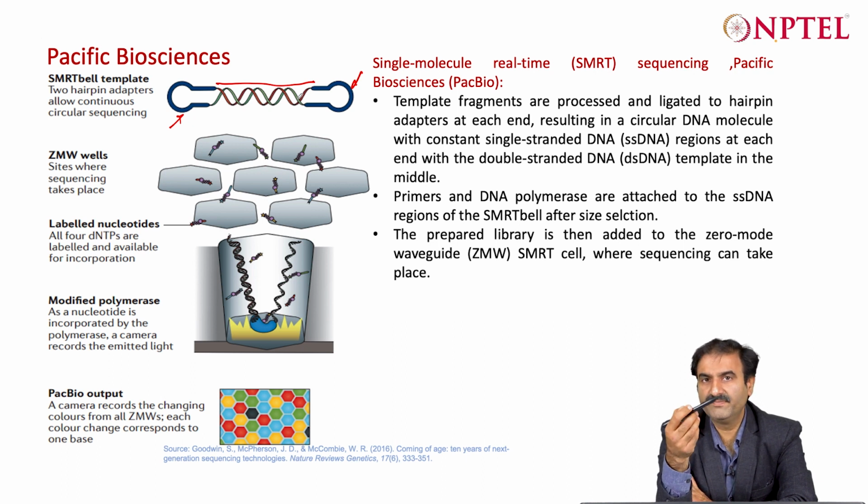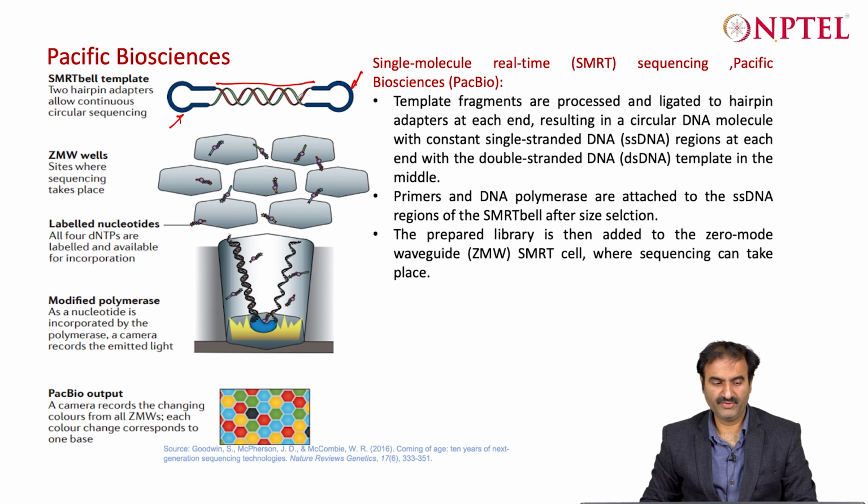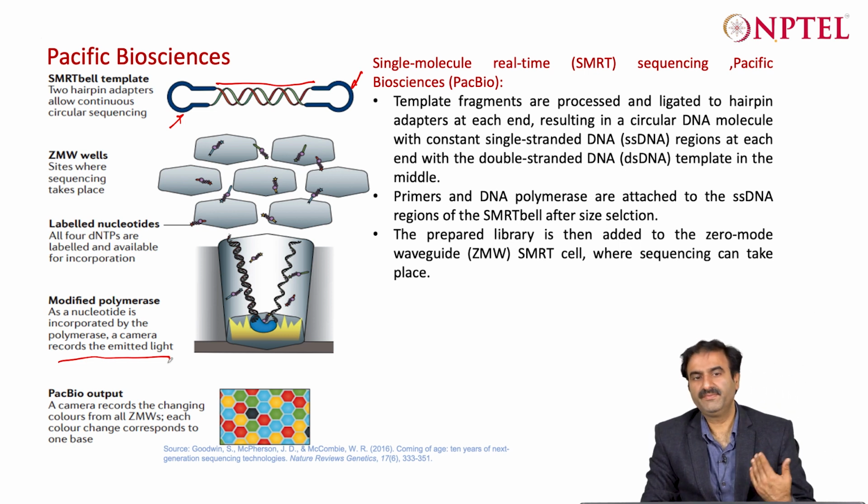So this can be done in a SMRT cell, or you can say ZMW SMRT cell, and while it is making a copy, you can read what it is amplifying. So basically it is amplification free, and also at runtime you can detect what base pairs it is sequencing. As the nucleotide is incorporated by the polymerase, the camera records the emitted light based on the nucleotide that is being incorporated.